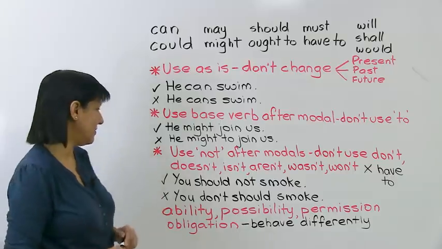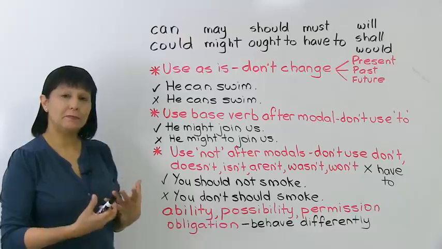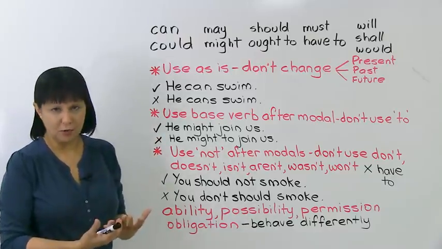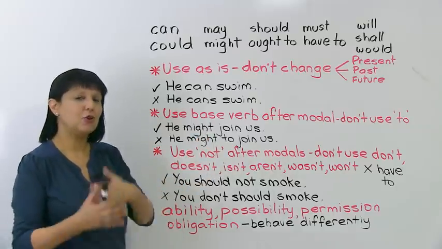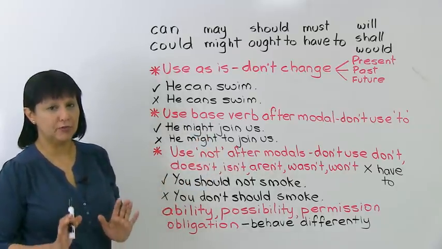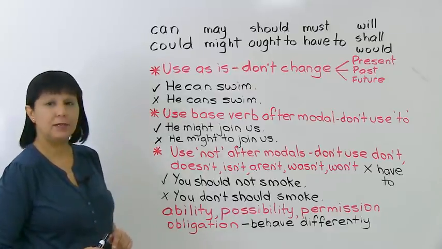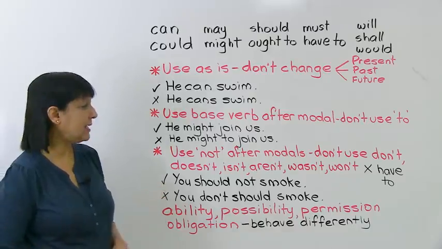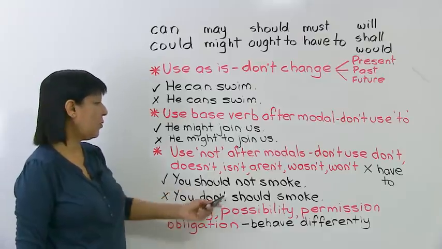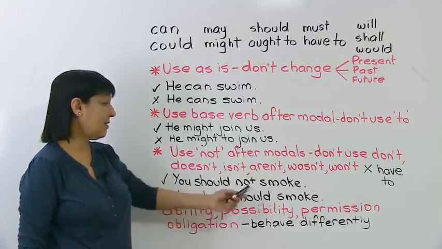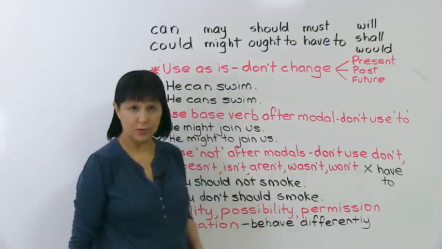All right? Very good. Now, the next point is, if you need to use the modal verb in the negative form, then just use not after the modal, all right? Don't add any extra words most of the time. There's one little exception, I'll explain that to you. But for most of them, don't use words like don't, or doesn't, or isn't, aren't, wasn't, won't, okay?